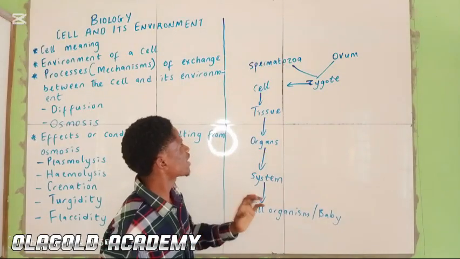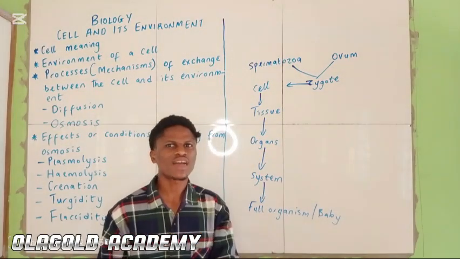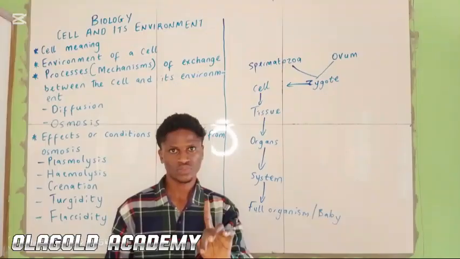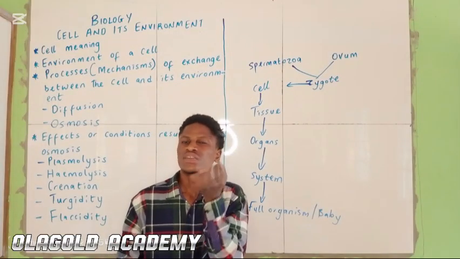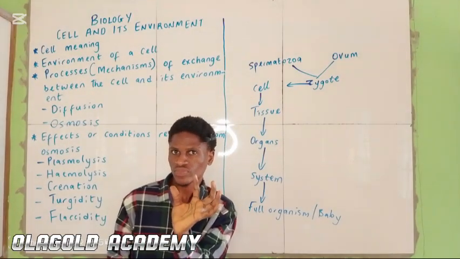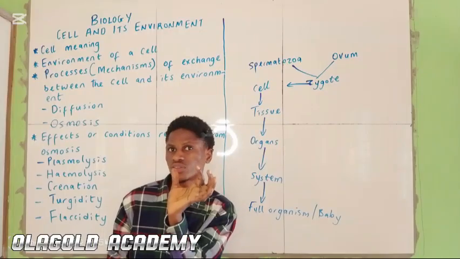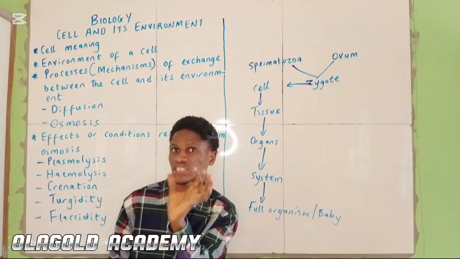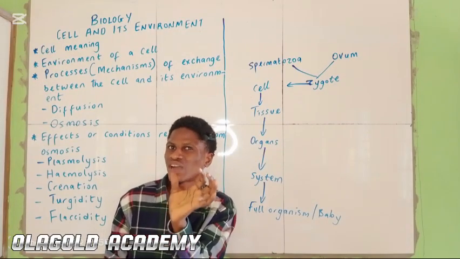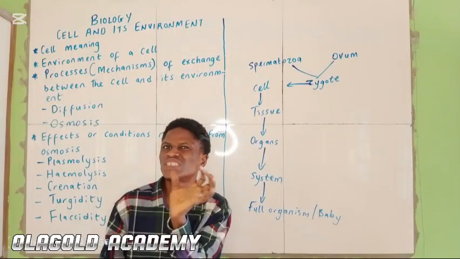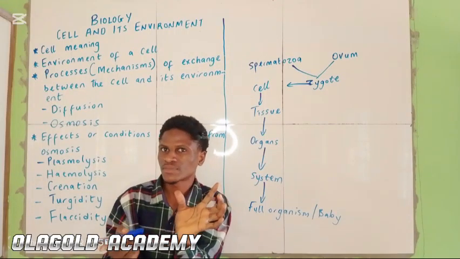Now, we can have an instance where we have one cell dividing into 2, and those 2 cells, which are the fertilized cells or the zygote, can undergo cell differentiation differently.